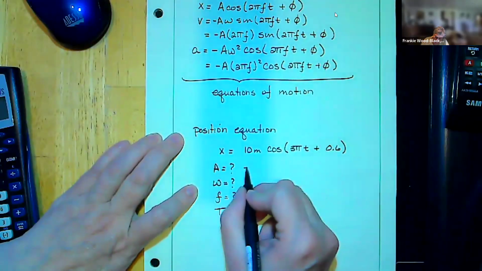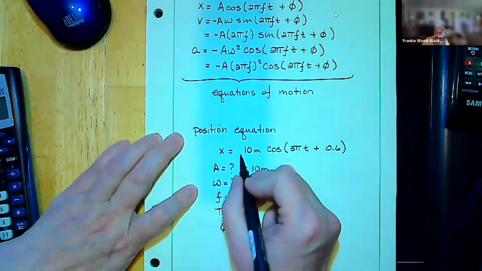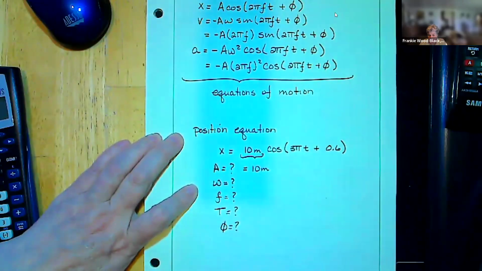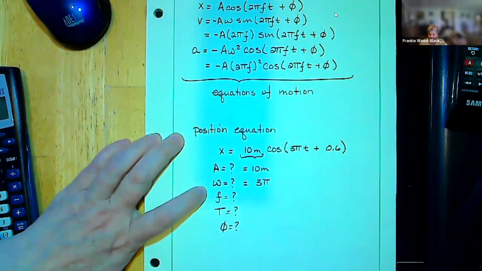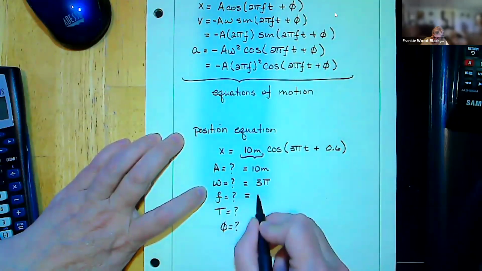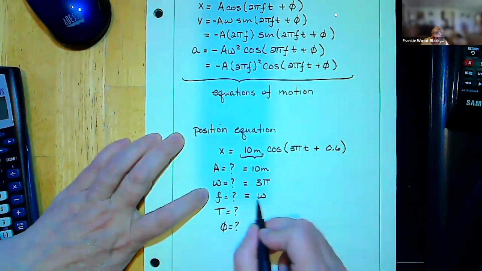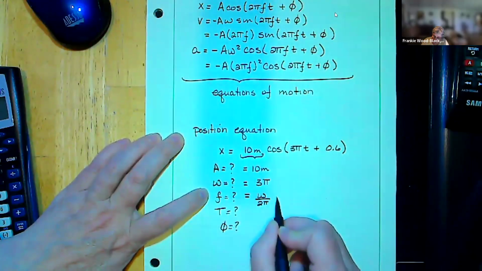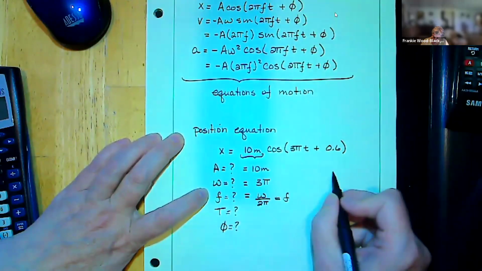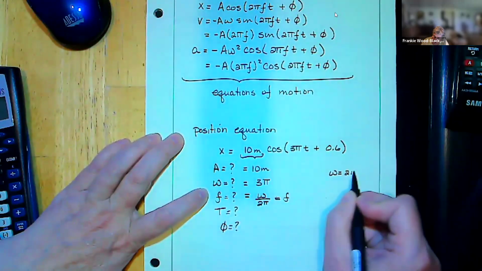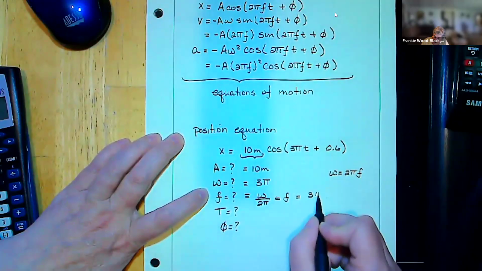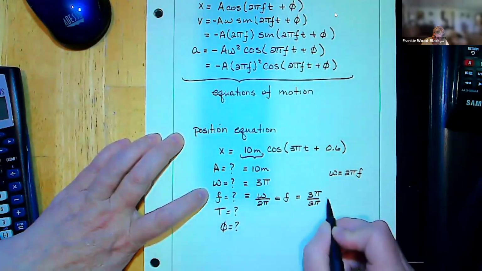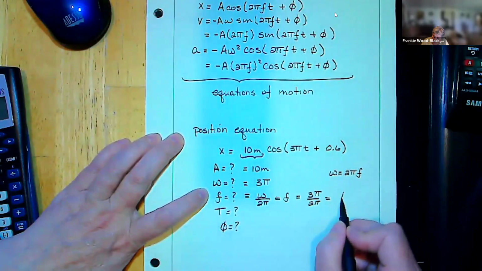Well, this is easy. That's 10 meters because that's coming right from there. Omega, that's 3 pi. This is a little harder because omega divided by 2 pi is going to give me my frequency, because remember, omega is equal to 2 pi times my frequency. So if I do this, I get 3 pi divided by 2 pi. So my frequency is going to be 1.5.